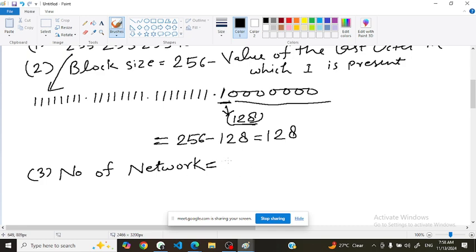Let me give you the formula: CIDR value as per question minus default CIDR value.